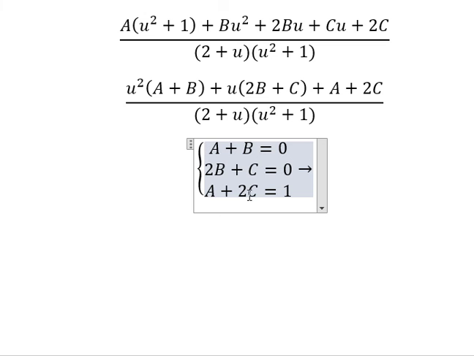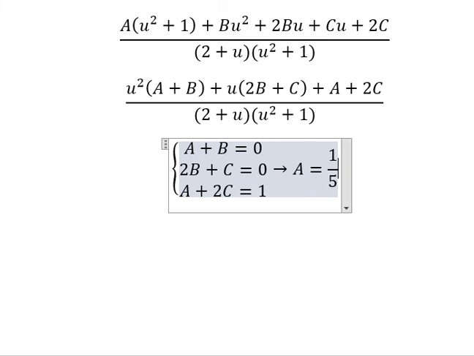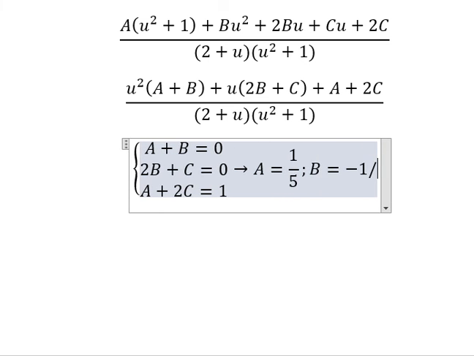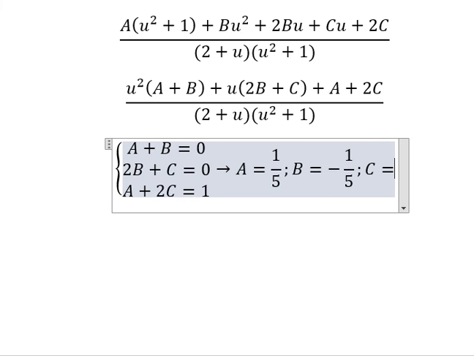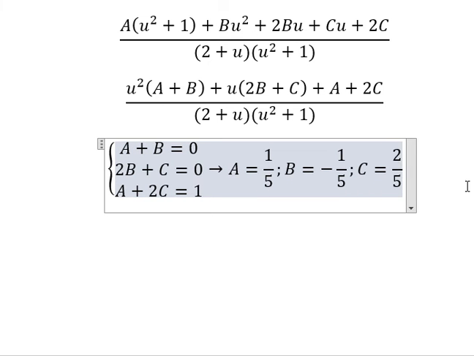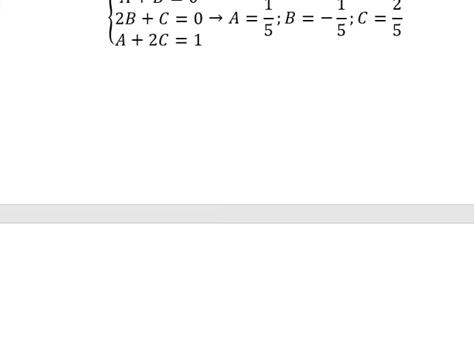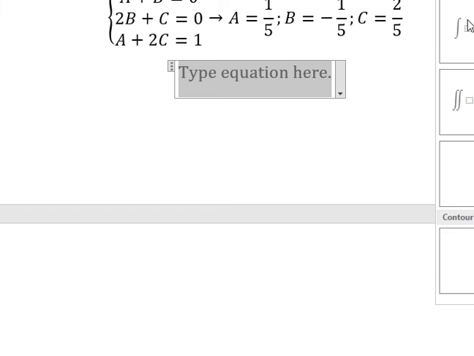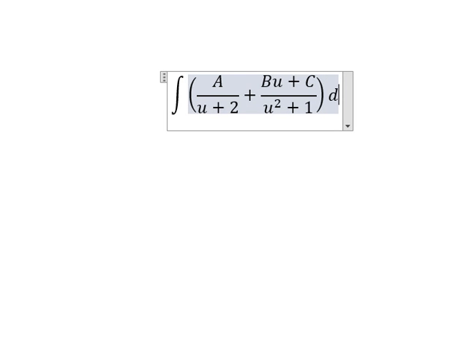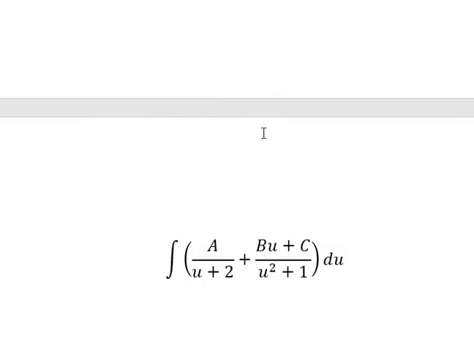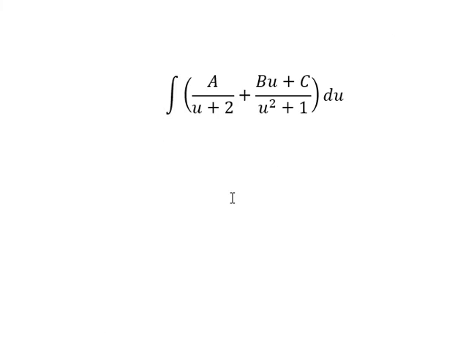Now we calculate this one. So A equals 1 over 5, B equals negative 1 over 5, C equals 2 over 5. And now we put the values of A, B, C in here. For A, that's 1 over 5.